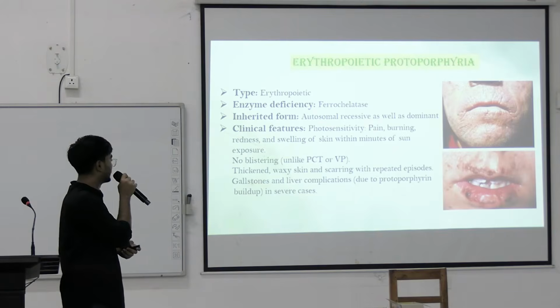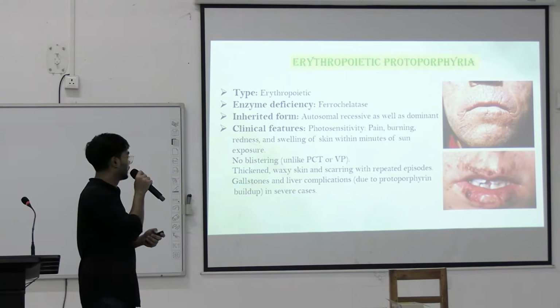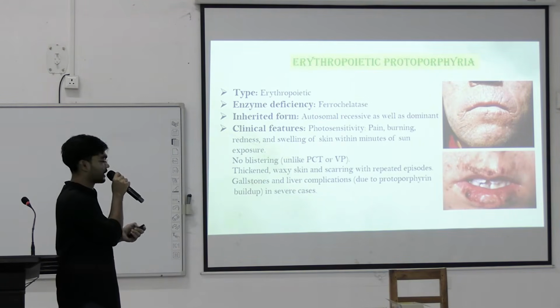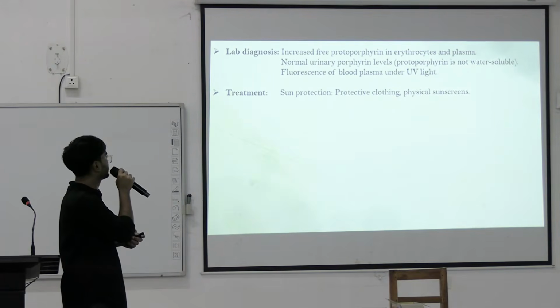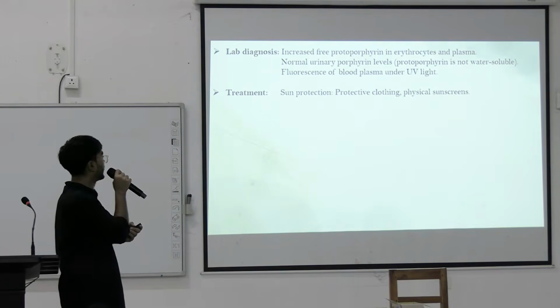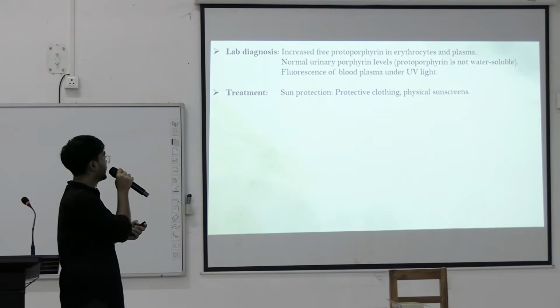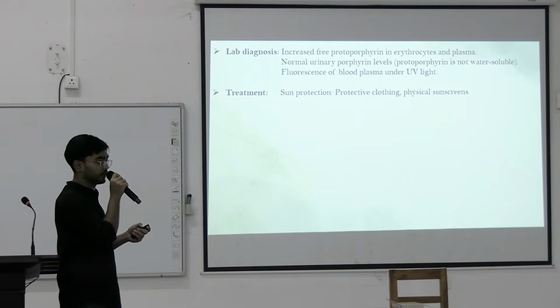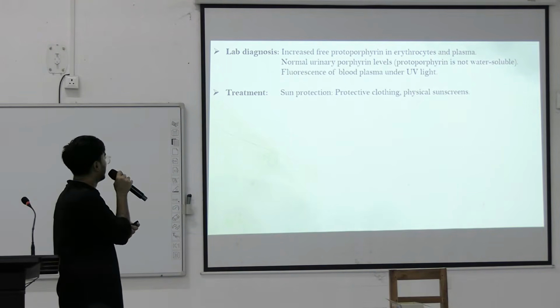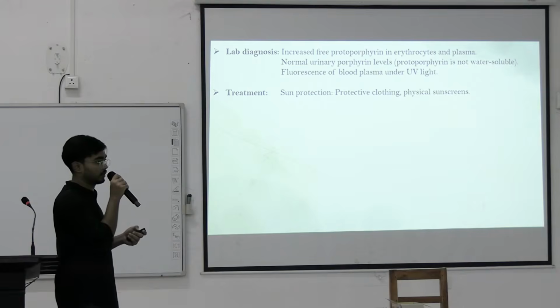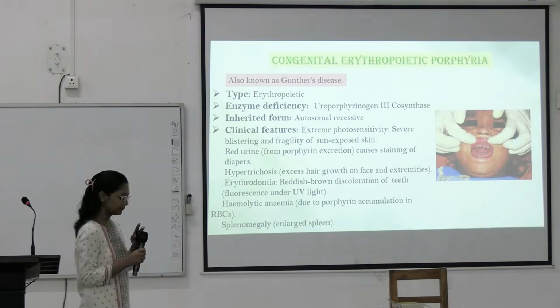Thickened waxy skin and scarring with repeated episodes. Gallstones and liver complications due to protoporphyrin buildup in severe cases. Lab diagnosis: increased free protoporphyrin in erythrocytes and plasma. Normal urinary porphyrin levels, as protoporphyrin is not water soluble. Fluorescence of blood plasma under UV light. Treatment: sun protection like using protective clothing and physical sunscreens.